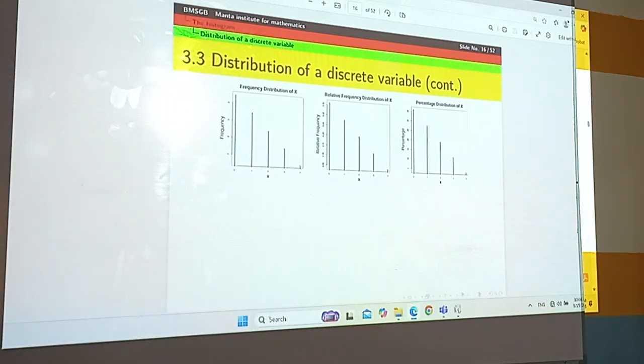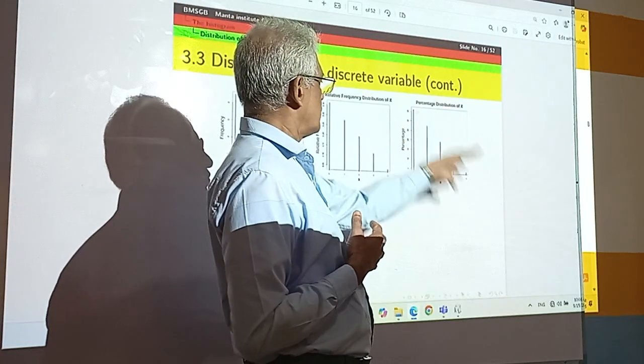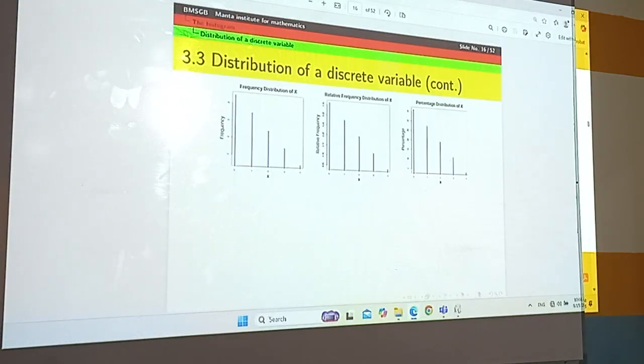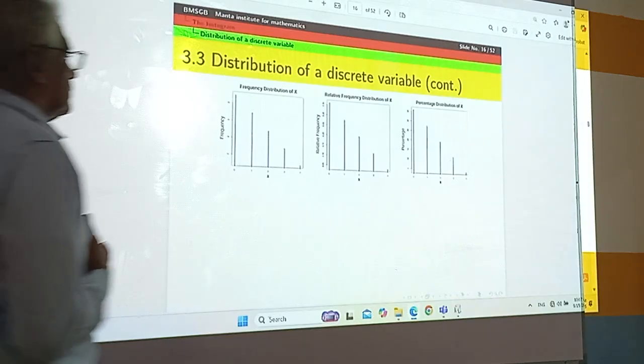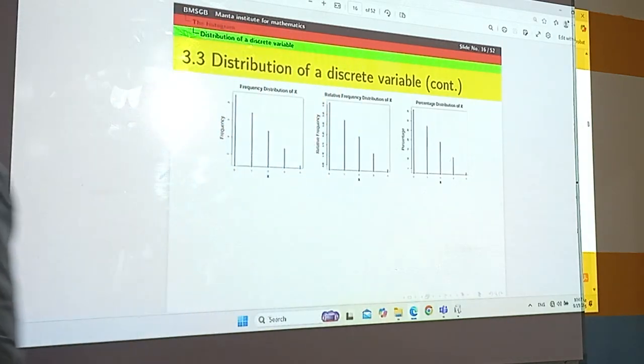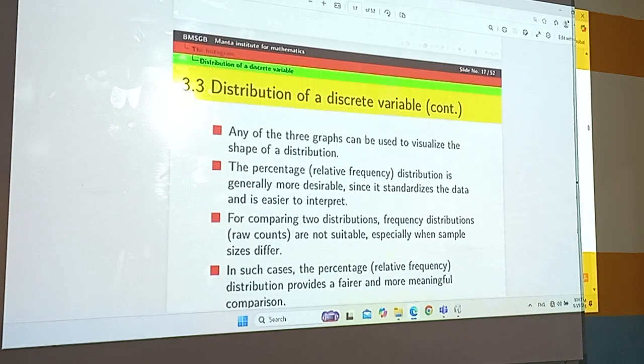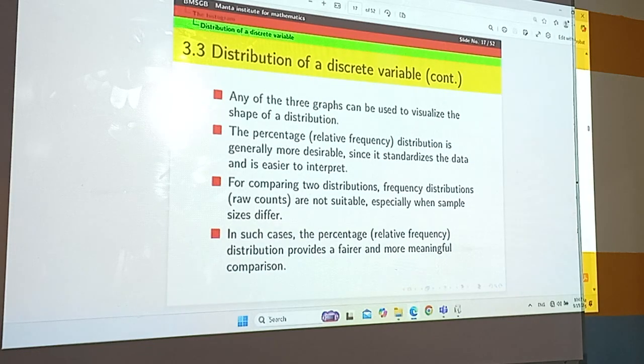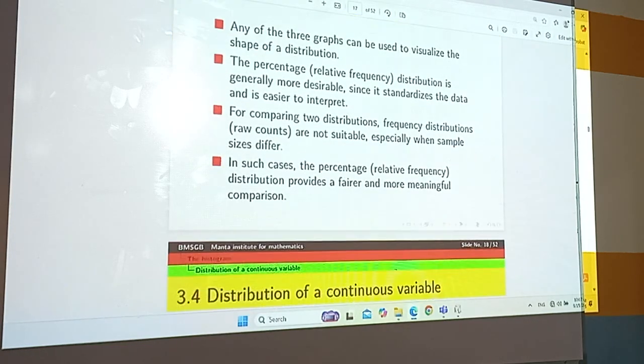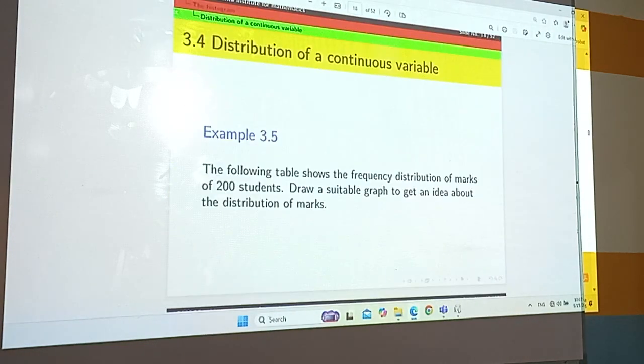Even if you are considering a single variable, percentage distribution gives you the whole idea, and if you compare with another, it is still suitable. That's what I have mentioned here. Any of the three can generally be used if you only want to visualize the shape of the distribution, but if you want to compare, percentage distribution is probably the best. Right.